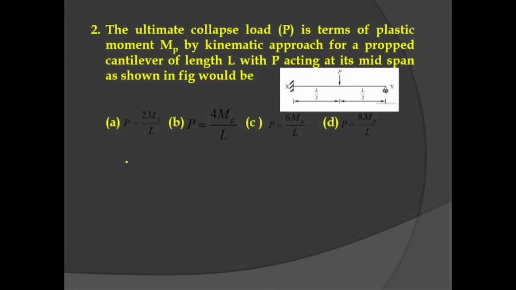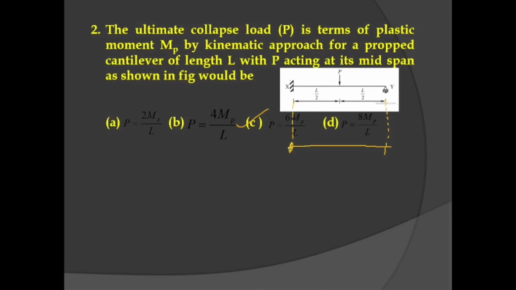Okay, now next question. The ultimate collapse load in terms of plastic moment capacity by kinematic approach for a curved cantilever beam. This type of question I had discussed with you people directly, and our answer was 6 MP by L. Yes or no? We had discussed. By the principle of virtual work done, initially we have to make the collapse bending moment diagram.